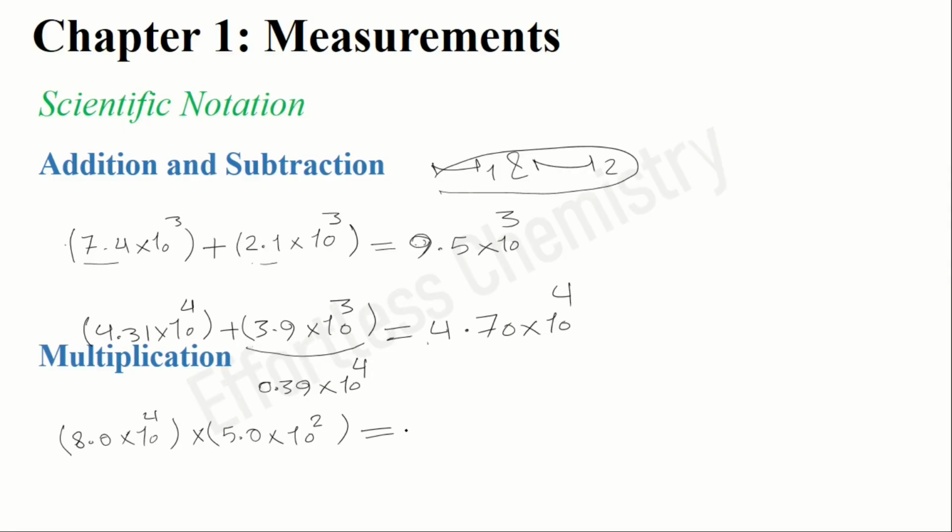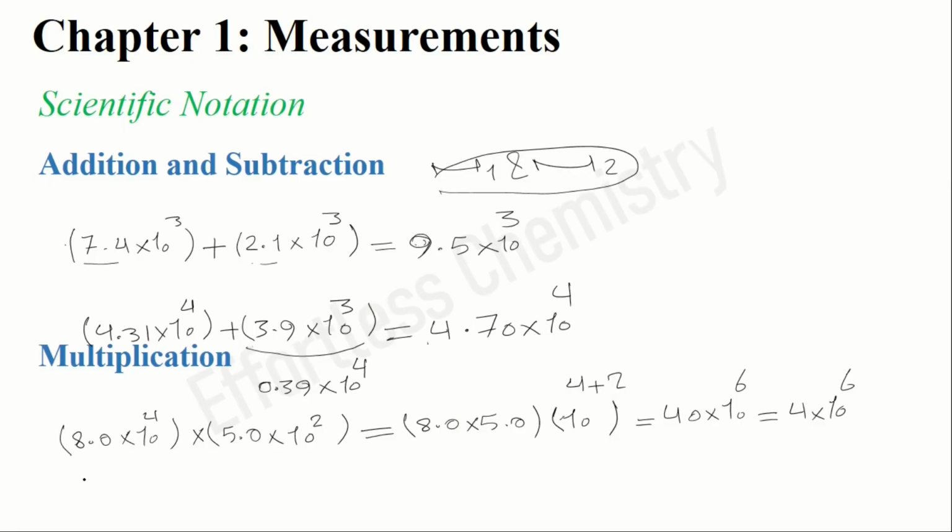So the result is 8 multiplied by 5, multiplied by 10 with the exponents added to each other. The final result is 40 multiplied by 10 to the 6, and if we want to write it in scientific notation, it is 4 multiplied by 10 to the 6.